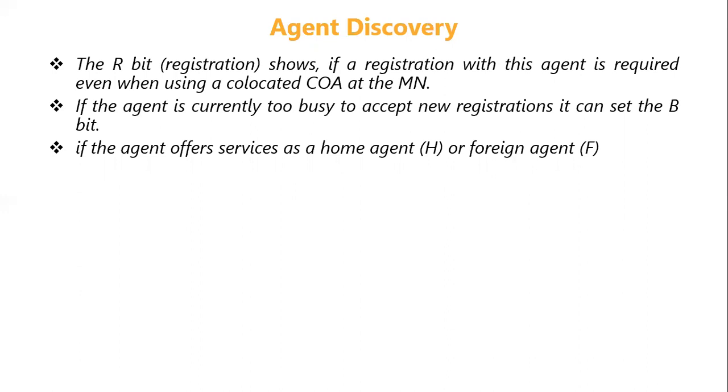Okay. So there is an R bit. It says whether registration with this agent is required, even when using a co-located COA at the MN. If the co-located COA is at the MN, then the registration with the foreign agent is required or not required.